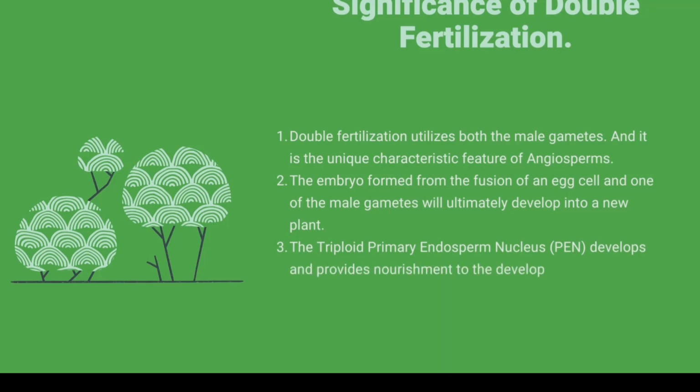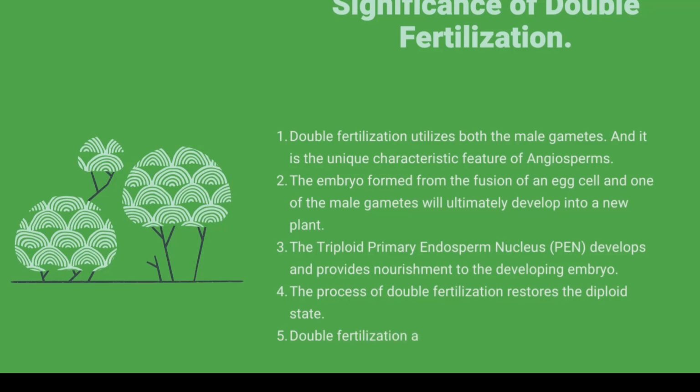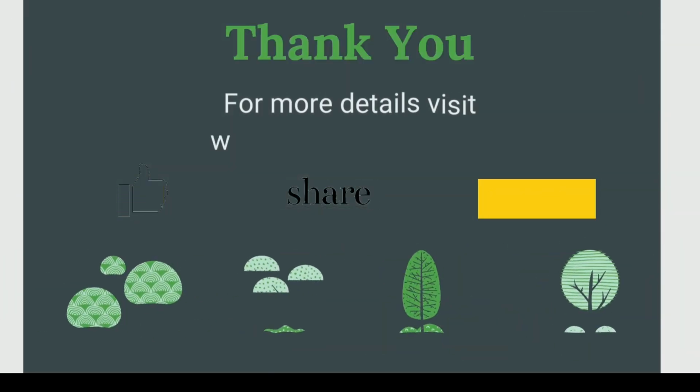The triploid primary endosperm nucleus, PEN, will develop and provide nourishment to the developing embryo, and the process of double fertilization restores the diploid state. This process also prevents polyembryony. That means the entire process is so useful.